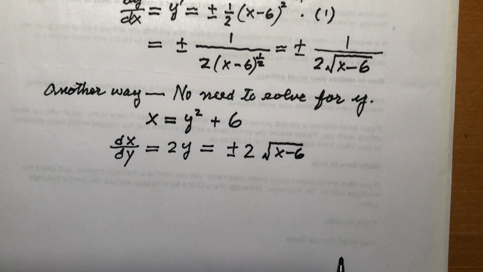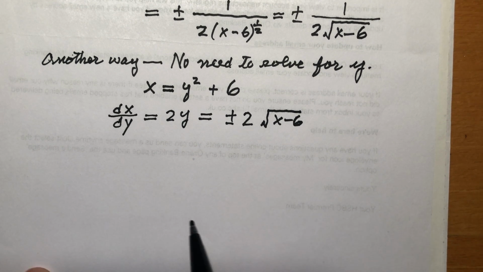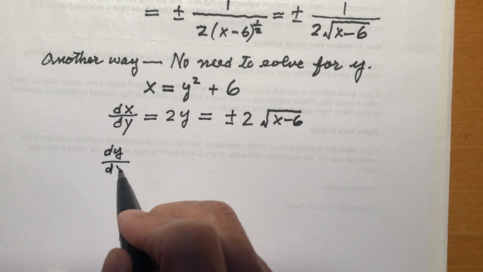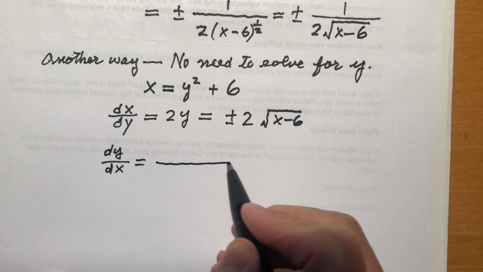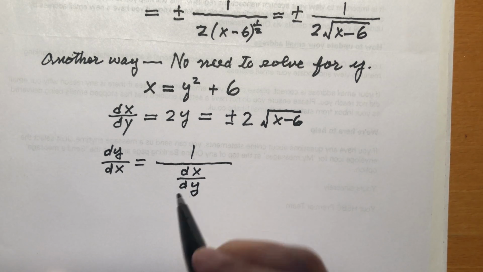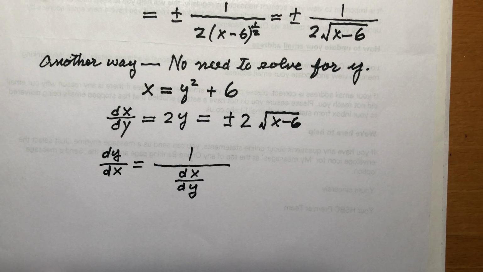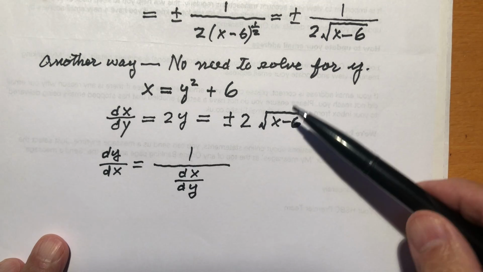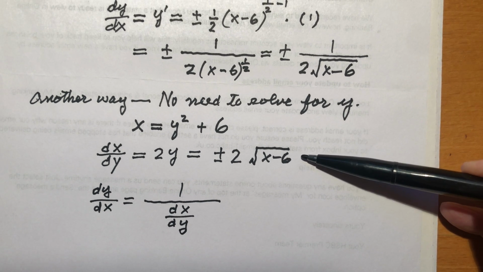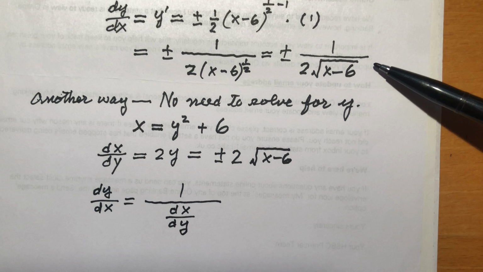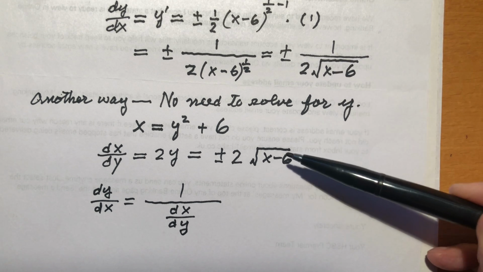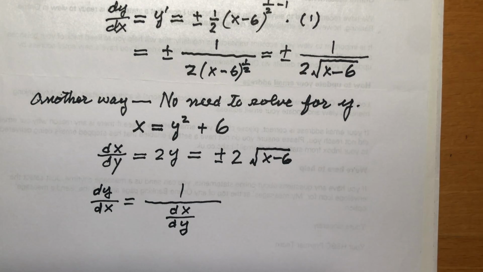And that's what we discover. So we write this result now. Dy by dx is 1 over dx by dy. Do you follow? You just compare this with that. So the relation is 1 over this. So we have this relation.